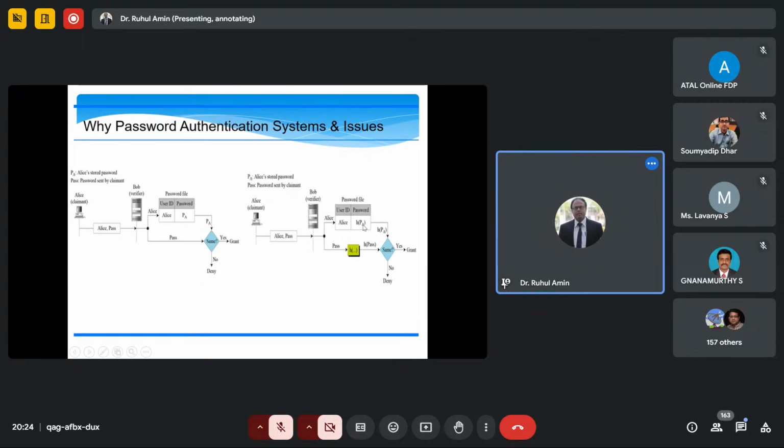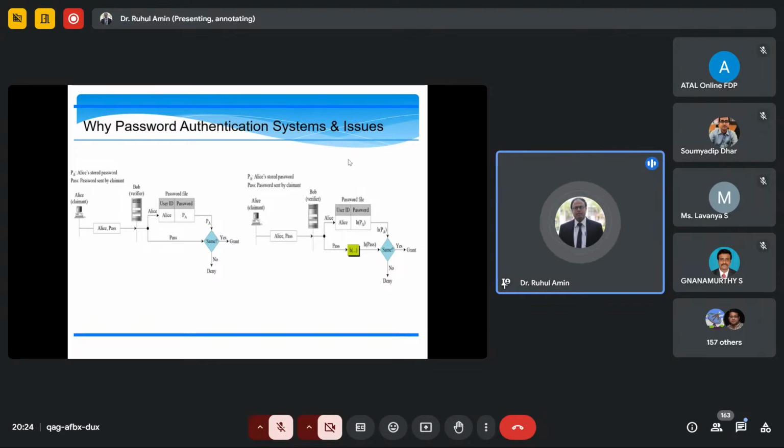If you are using a low entropy password, such as a dictionary word, relative names, pet names, or common names, the attacker can use some kind of algorithm to get your password from the hash value.